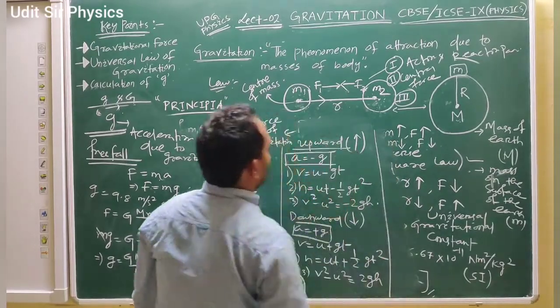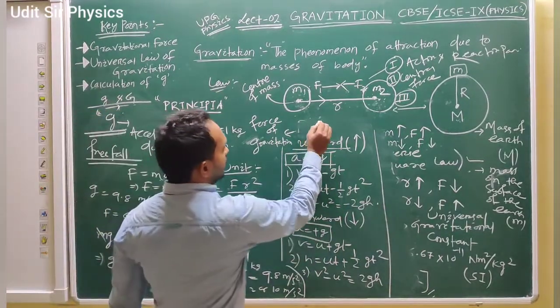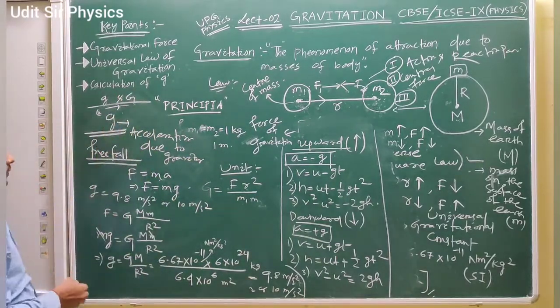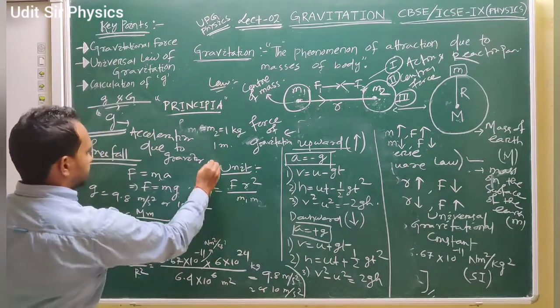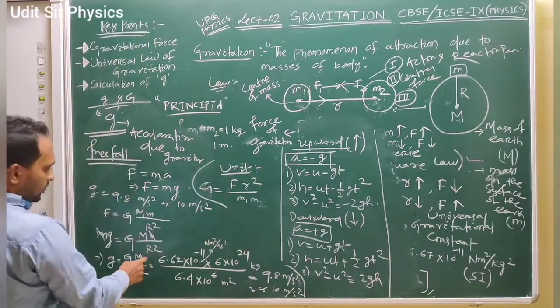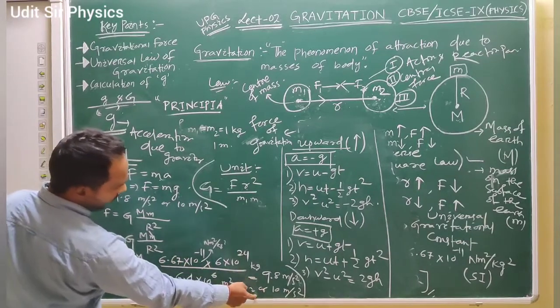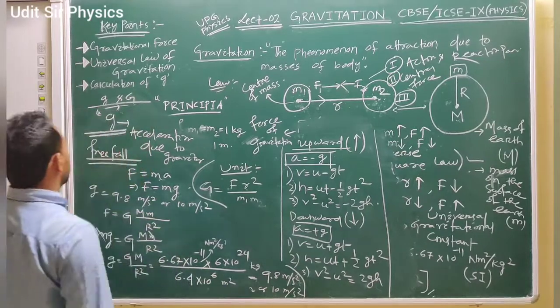This is the equations of motion for motion under gravity. So that is all about the free fall, and the value of small g we can calculate, and we can find out that the value of small g is 9.8 meter per second square or 10 meter per second square.